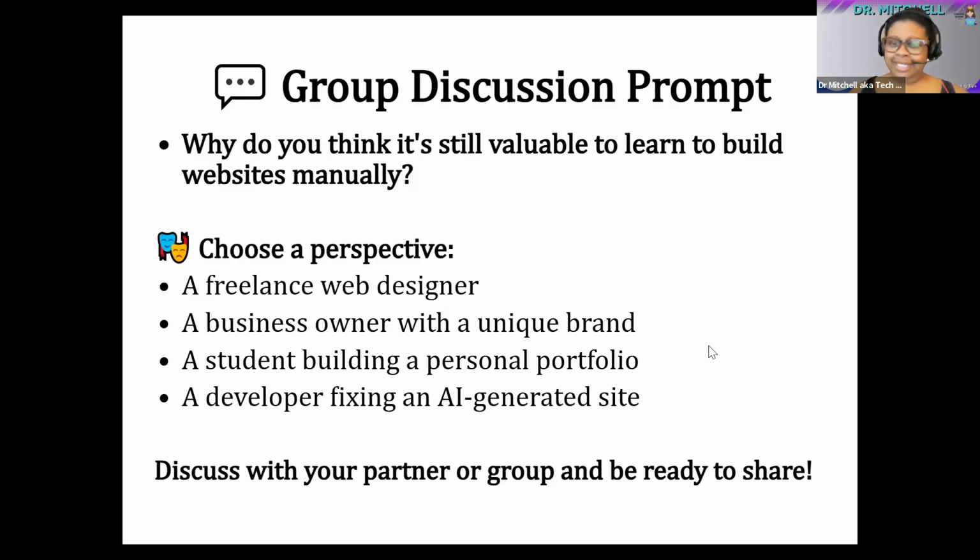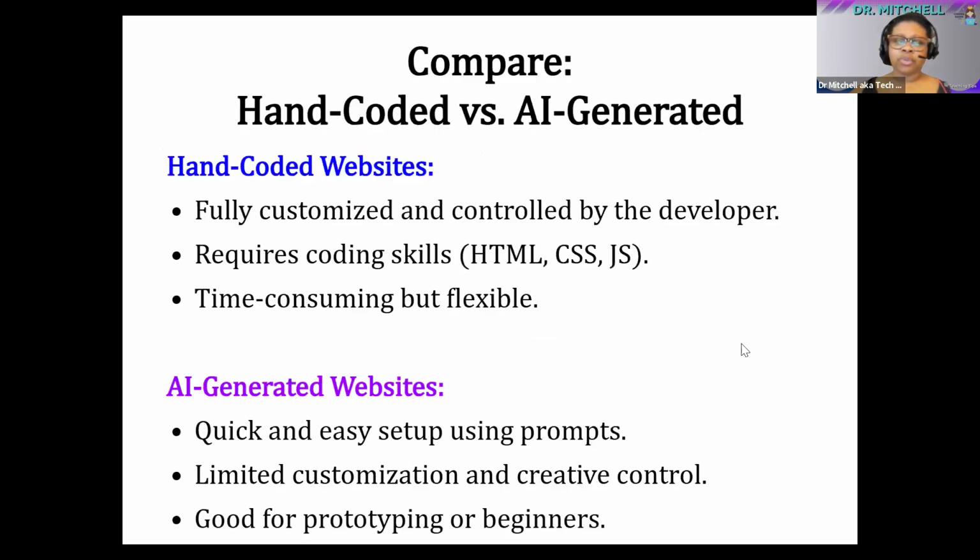So be ready. Take notes. Hint, hint. Take notes. What is an AI website builder? So you want to go through this, and then you want to go through the comparison of a human hand coded to the AI generated tool.